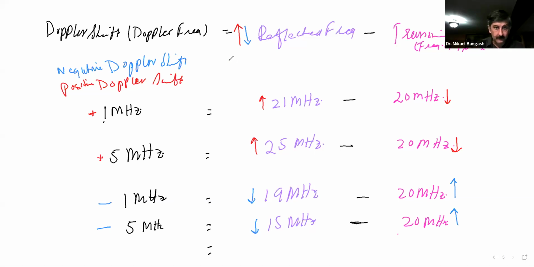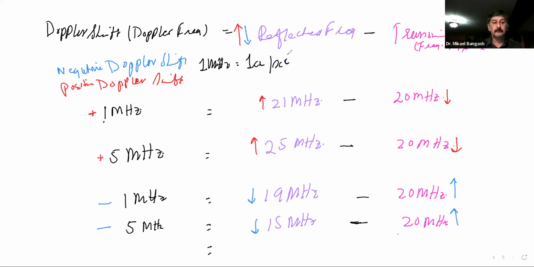Okay, did that make sense? So what we can say is that each megahertz in the Doppler shift may equal 1 centimeter per second.